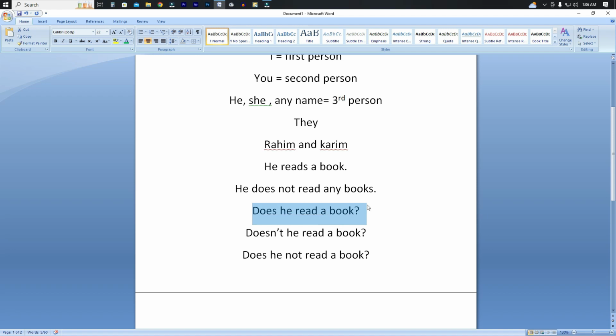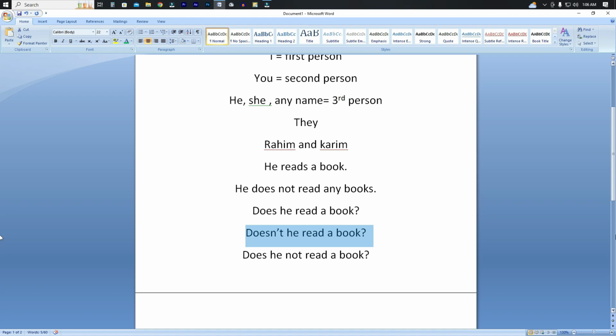And the next sentence, "Doesn't he read a book?" This sentence is called a negative interrogative sentence because it includes n't and the auxiliary verb before the subject. So that's why this sentence is called a negative interrogative sentence.